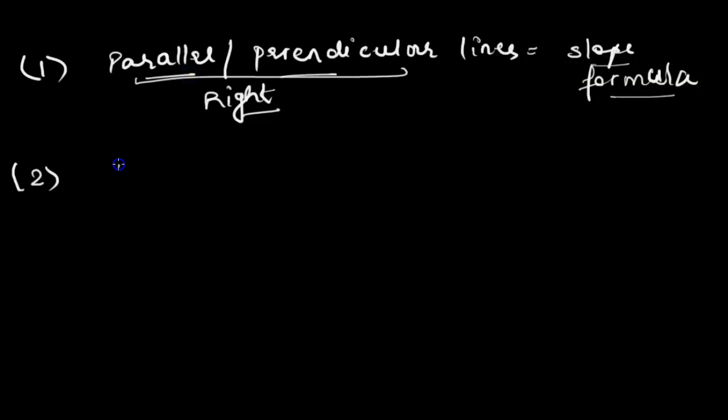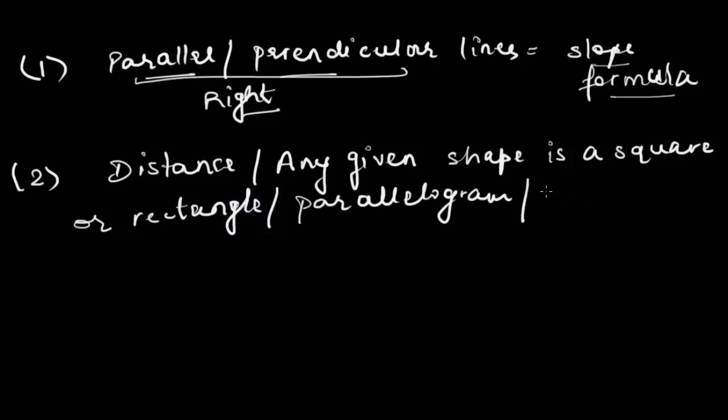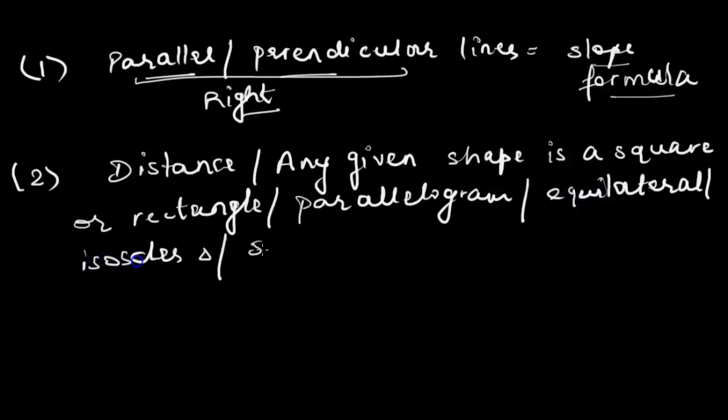If you're asked to find out the distance, or if you're asked to prove any given shape is a square or rectangle or parallelogram, or we are supposed to prove that a triangle is an equilateral triangle or isosceles triangle or scalene triangle, for all of these we are definitely going to use the length formula.